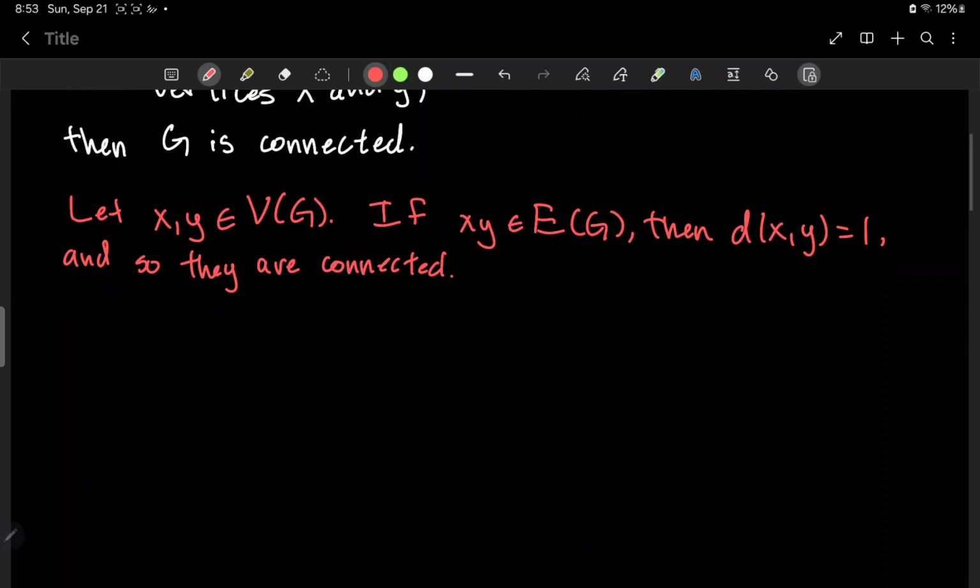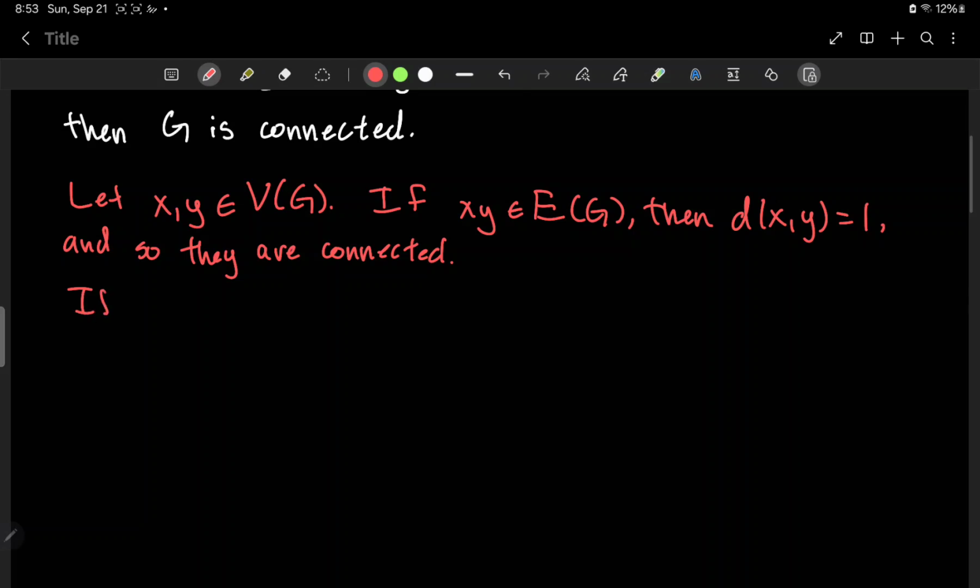All right, so what if the edge xy is not a part of the edge set of G?